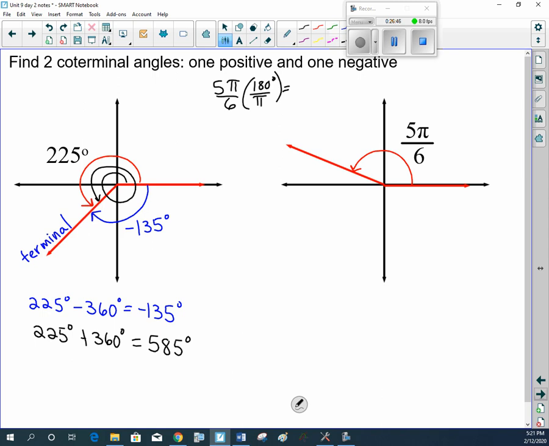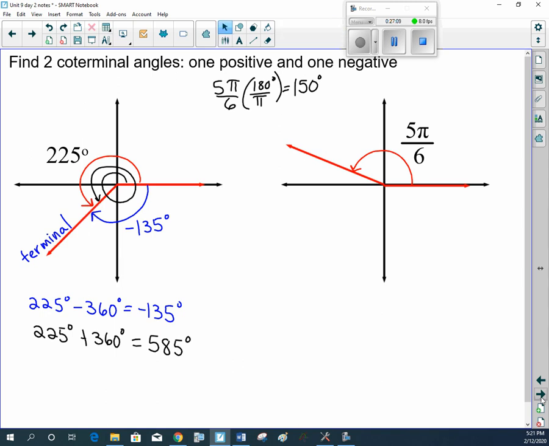What is that? 5 times 180... so you end up with 150 degrees. But then you're going to have to add and subtract, and then change everything back to radians. So we really want to get used to working with this in terms of radians.